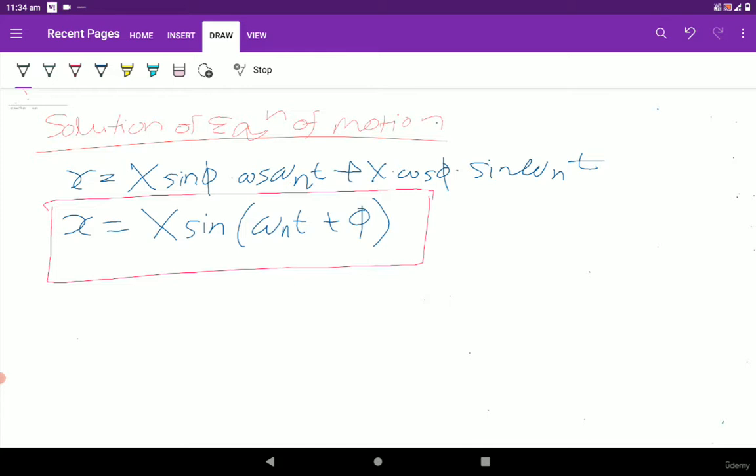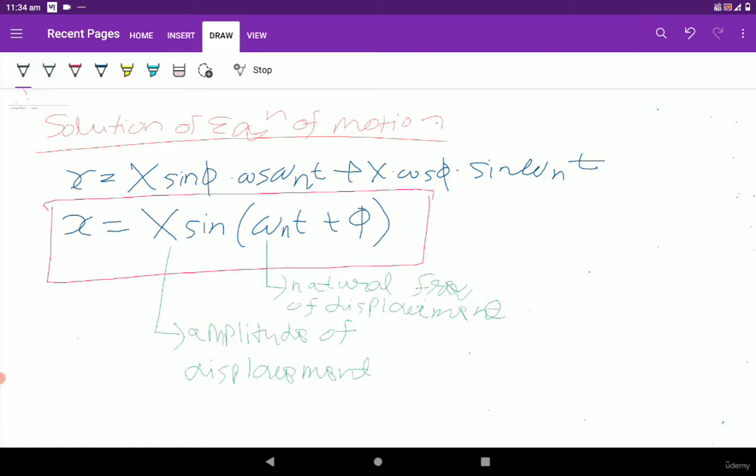Here X is the amplitude of displacement, and omega n is the natural frequency of displacement. This whole thing is the displacement equation.